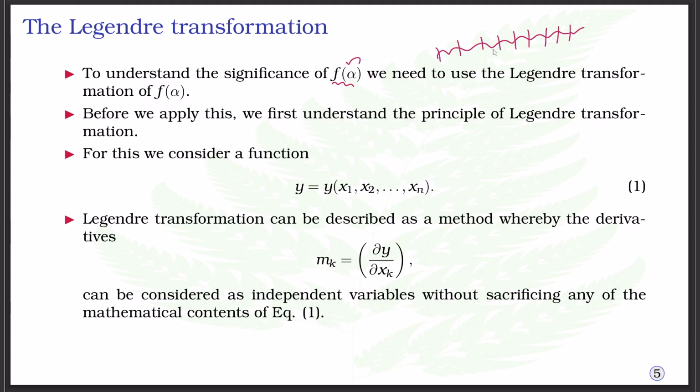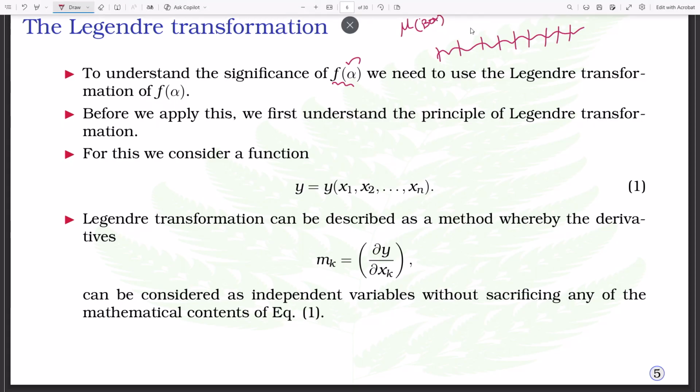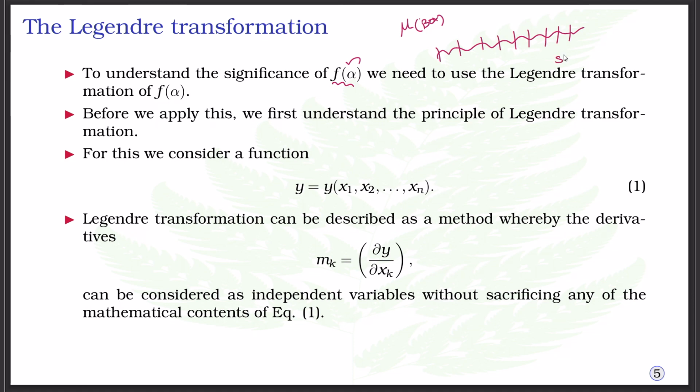Maybe, without loss of generality, I am considering all equal sizes. For all the boxes, I am assigning some measure mu. The measure of the boxes I am calling mu. The size of the boxes I am calling alpha.